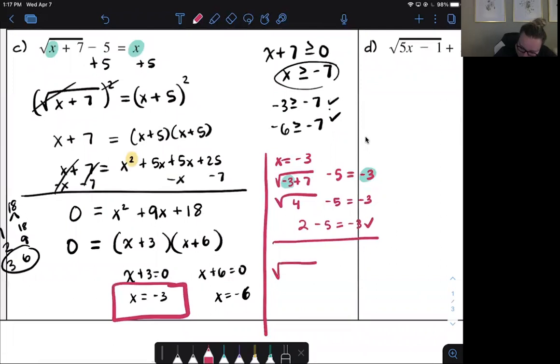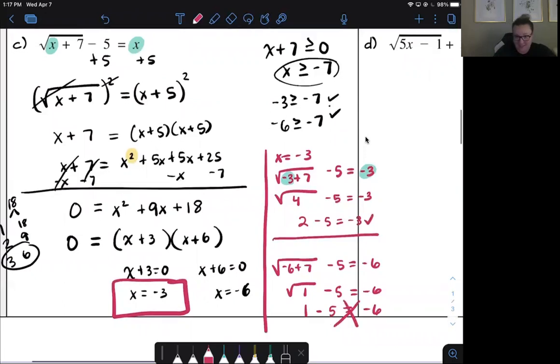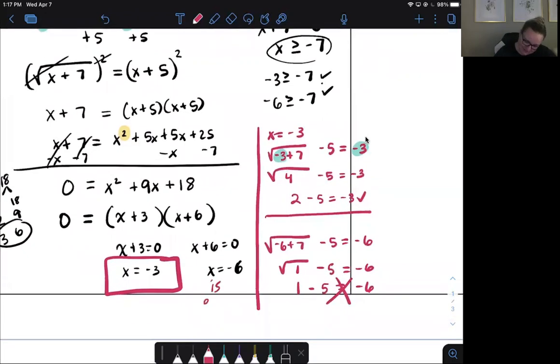Now let's check -6. So the square root of -6 plus 7, minus 5, is equal to -6. So check this out. The square root of -6 plus 7 is the square root of 1. But hey, the square root of 1 is +1, and 1 minus 5 is not -6. That does not work. So that means x equals -6 is extraneous.